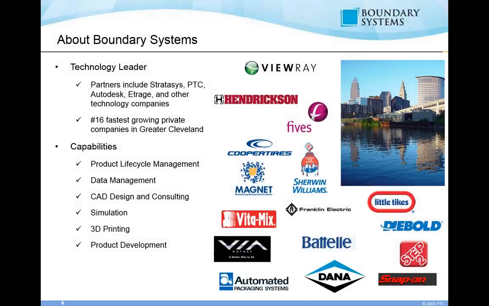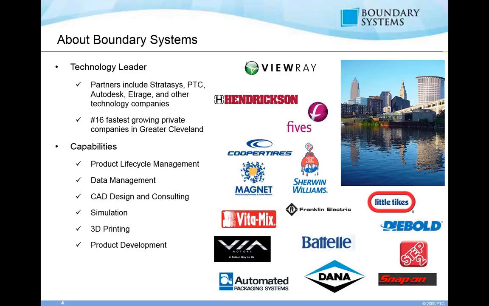A few things about Boundary Systems. Boundary Systems headquarters is in Cleveland, Ohio. As far as technology leadership, we consider ourselves one of the best. We have partners with Stratasys, which is 3D printers, also PTC products, Autodesk, eTraj, and some other technical companies that we also work with. We've also been number 16 fastest growing private company in the greater Cleveland area.